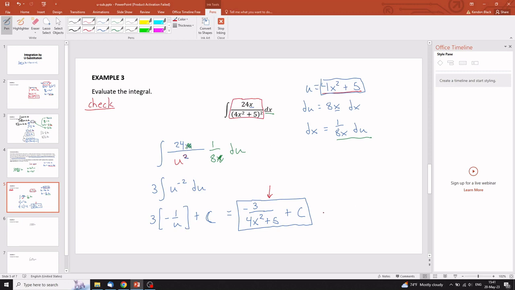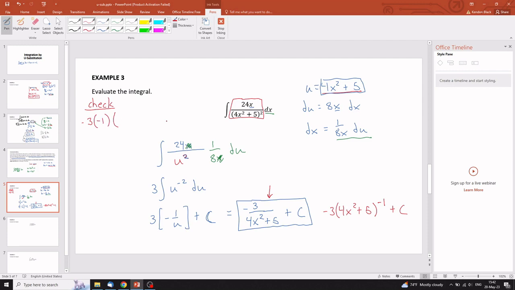Let's start by rewriting this as negative 3 times 4x squared plus 5 to the negative 1, plus c. We're going to take the derivative of that with respect to x. So negative 3 is a constant, that just stays in front. Now we use the power rule, so the negative 1 comes in front.